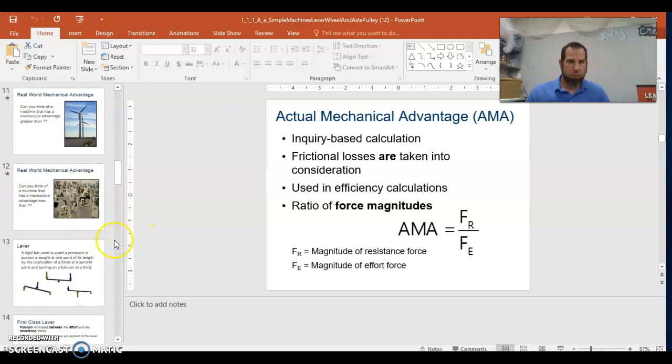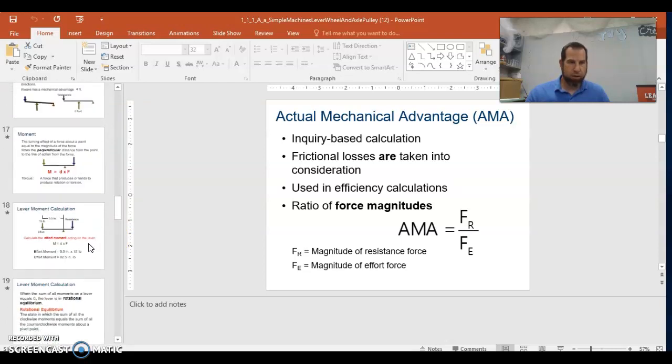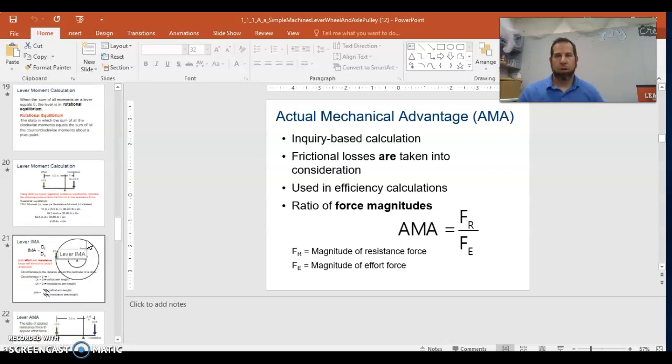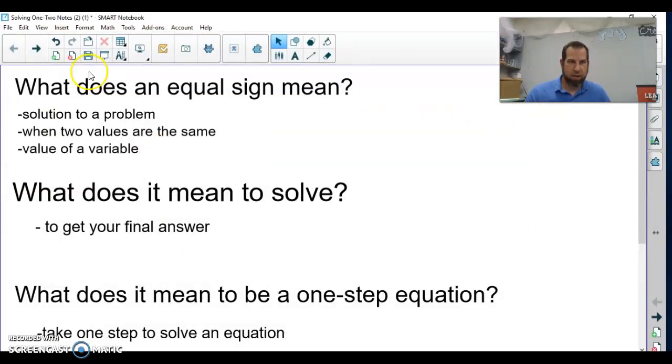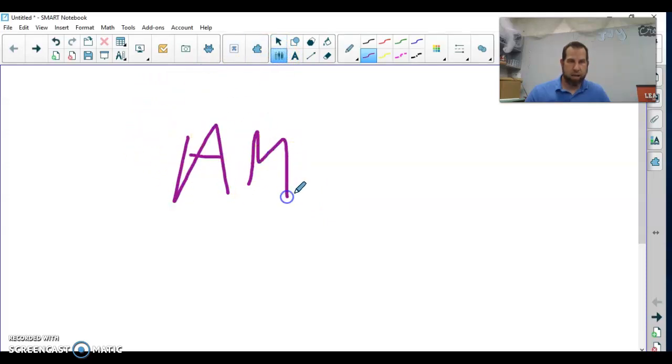Now the one thing that I want to highlight for you guys is that actual mechanical advantage is equal to ideal mechanical advantage.